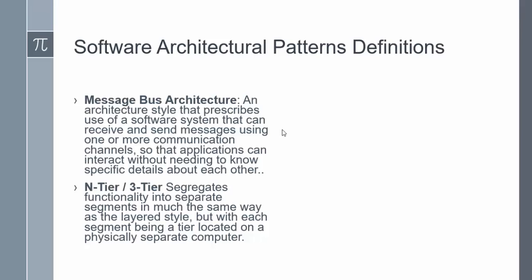So the tier means that the physical systems will be separated. That's the only difference. Otherwise the communication between the layers can be strict. We'll talk about whether to keep the communication strict or not when we discuss the architecture diagram, and it has certain benefits.